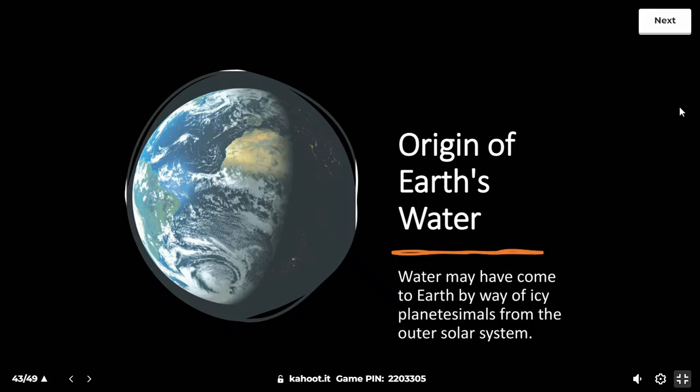One of the hypotheses for the origin of all of the water on the Earth is icy planetesimals, whether those are comets or even bigger, hitting the surface of the Earth after it's formed and depositing all of their water on the surface.